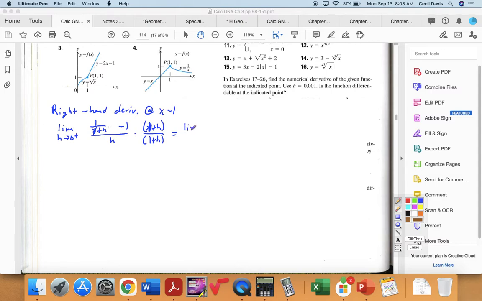So that'll be the limit as h goes to 0 from the right of, when you multiply this, 1 minus 1 plus h all over h times 1 plus h. So that's going to be the limit as h goes to 0 from the right of negative h over h times 1 plus h.